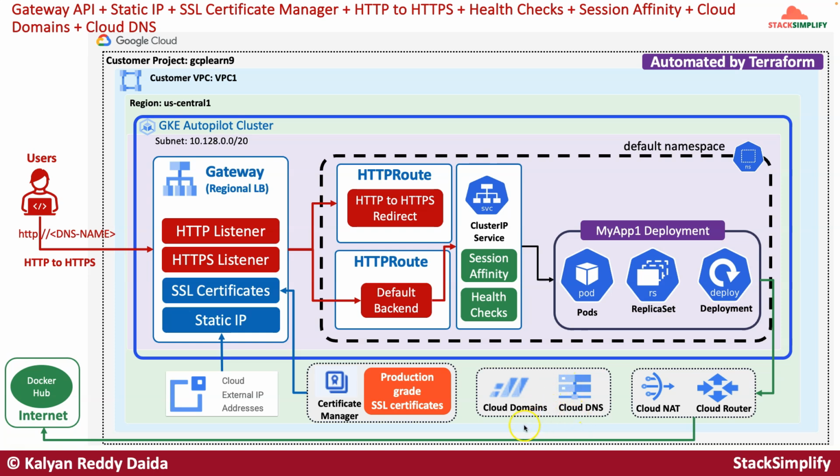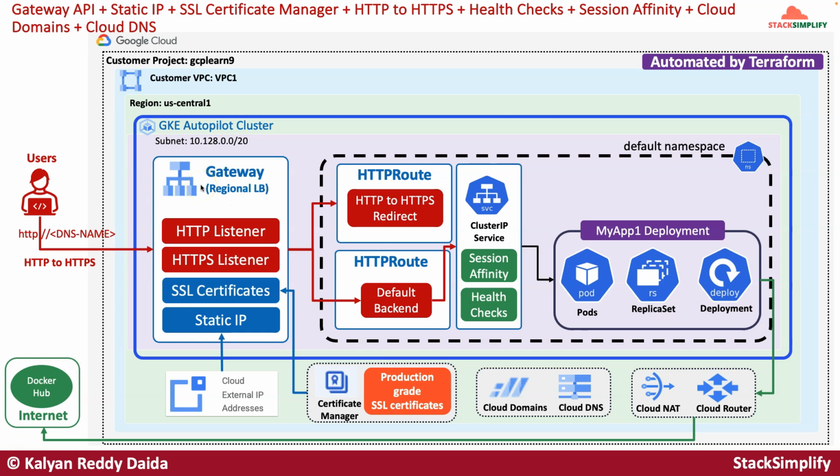So here we should have a registered domain in Cloud Domains, and we need to create that as a managed zone in Cloud DNS, and we also need to implement a DNS authorization for the certificate we are creating, and if it is successful, it will generate a production grade SSL certificate. So these certificates again we will configure in our gateway.